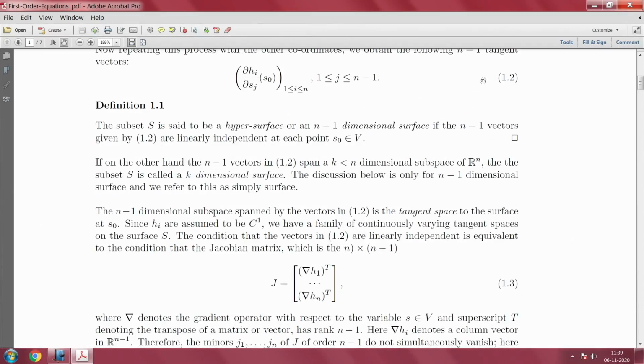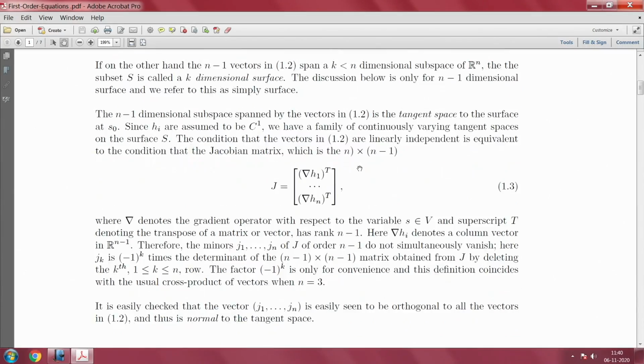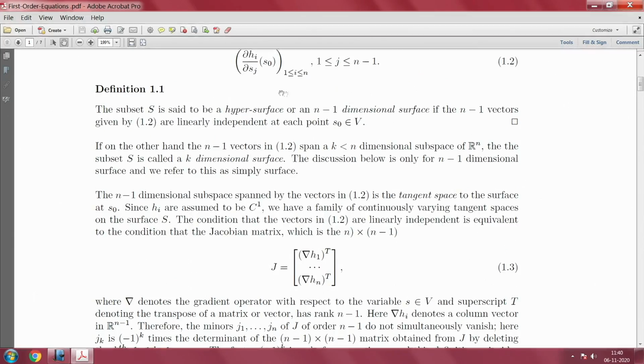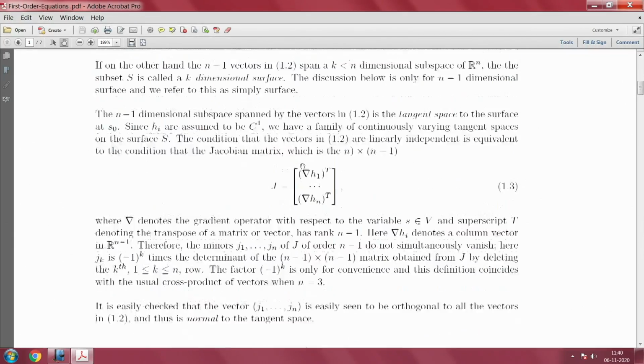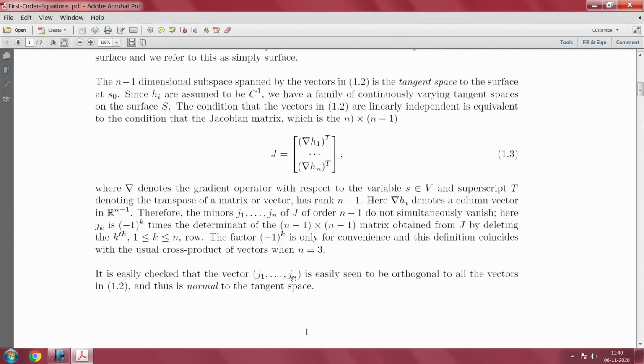Since they span the tangent space, this vector j 1, j 2, j n is in the direction of the normal to that surface at that point. So, everything is local.